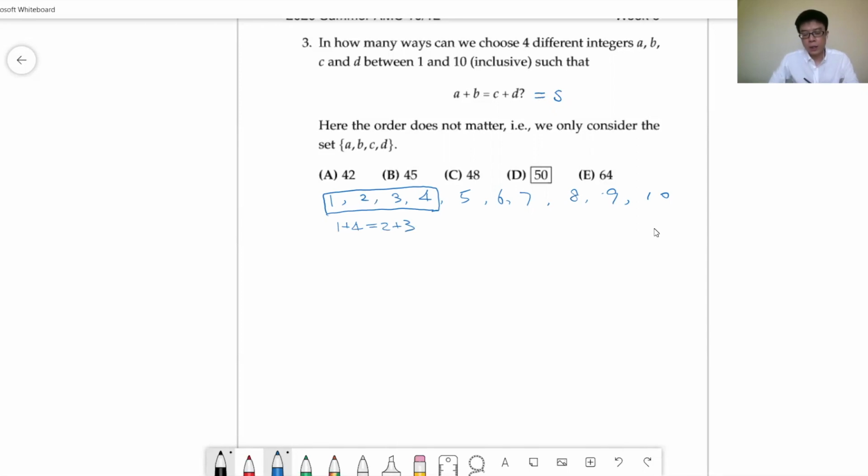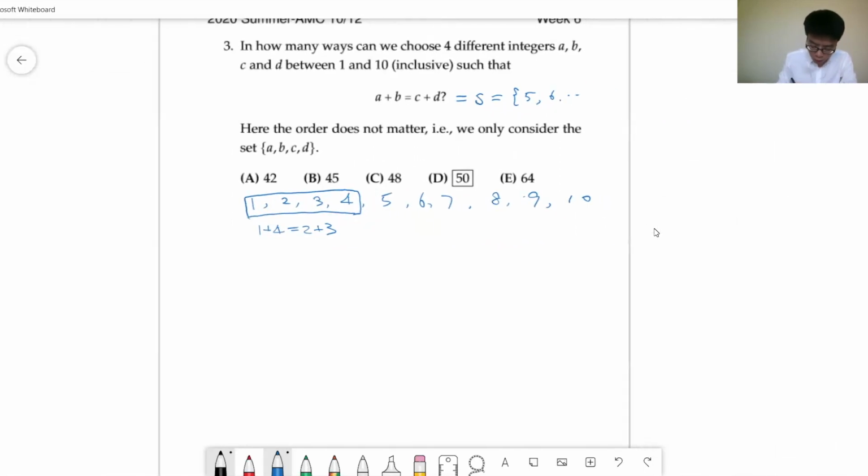So s should be at least 5. Of course, it can be larger, like 6. But what's the largest possible sum? Let's see. The largest possible sum is the case where we choose the largest 4 numbers, 7 to 10. And here we have 7 plus 10 equals 8 plus 9. So the largest possible sum will be 17.